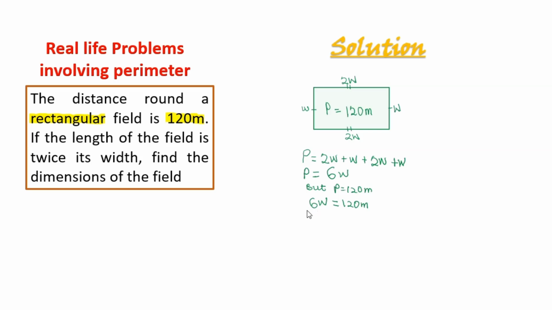To find W, balancing both sides, we have to divide by 6 or multiply by 1/6. That's the meaning. So we divide through by 6. And we know 6 divided by 6 is 1. So we'll be left with W over here, which is equal to 120 meters divided by 6, and that will give us 20 meters.